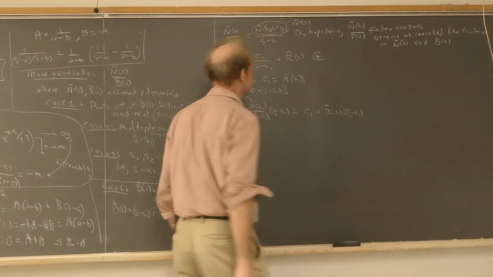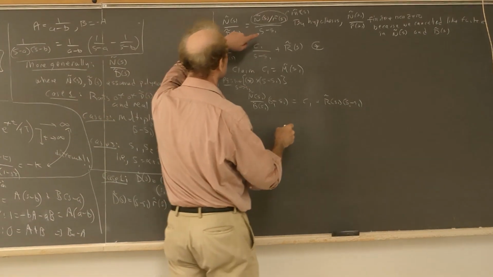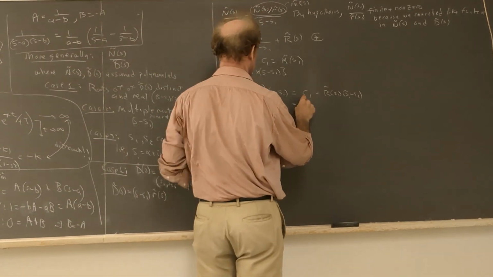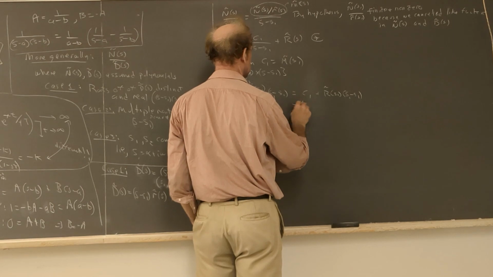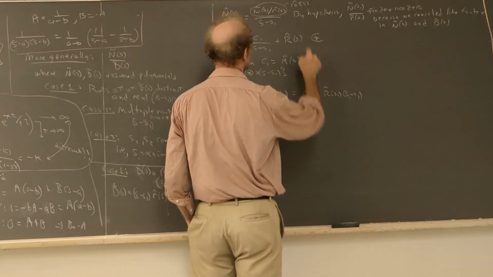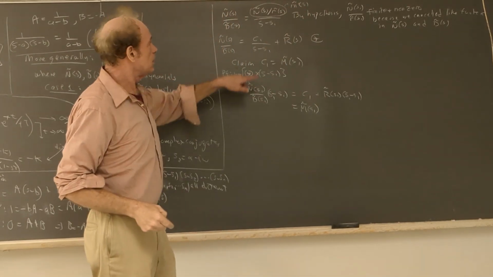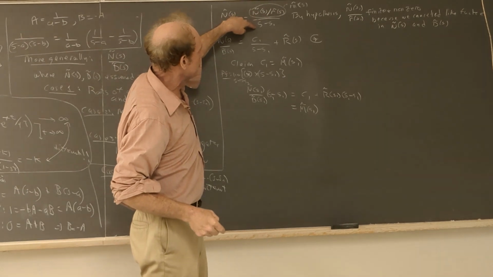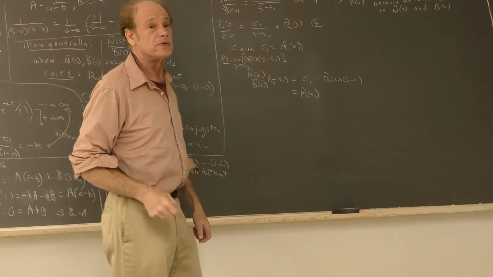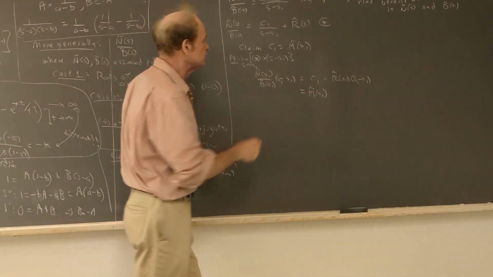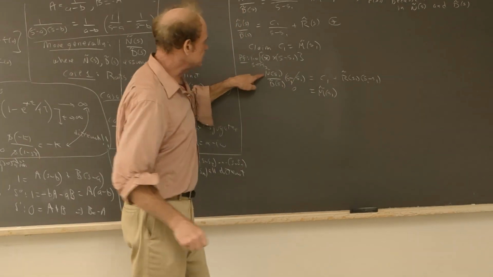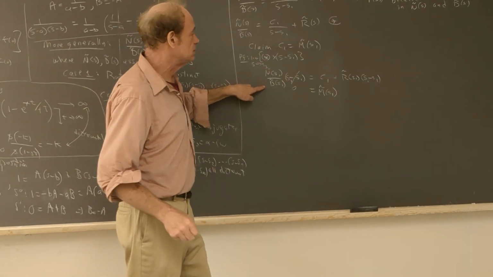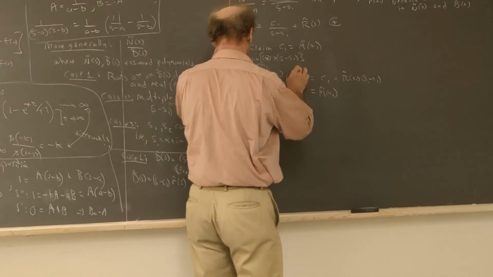And that is equal to m tilde of s1, because when I multiply by s minus s1, they cancel. So what's left? s minus s1 is 0. This by hypothesis is finite. Well, actually, no, it's not 0.